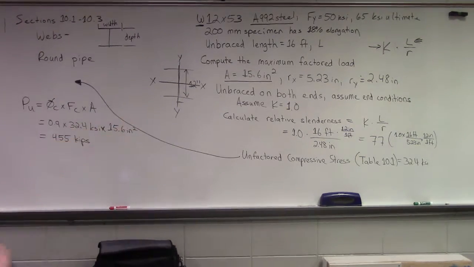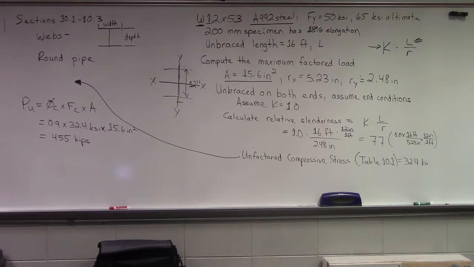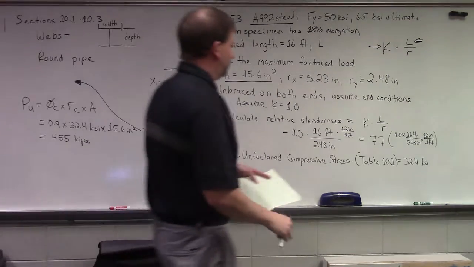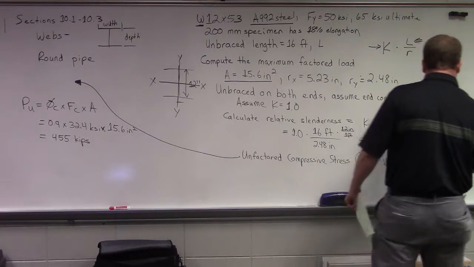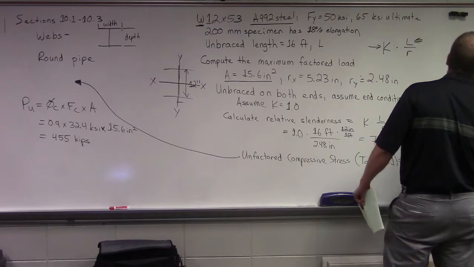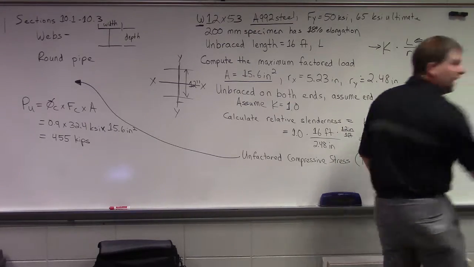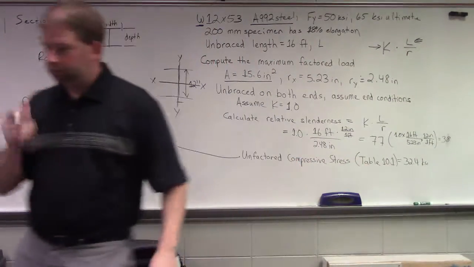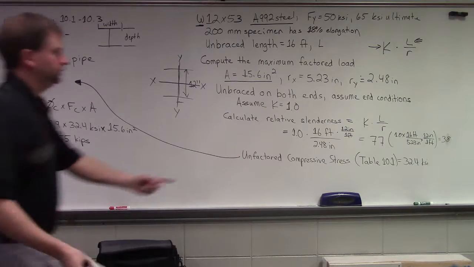At 77 we have 32.4 ksi. This drops down to about, roughly halving it, so we'll say 38 for our slenderness. 38 gives you an unfactored stress of 45 ksi.